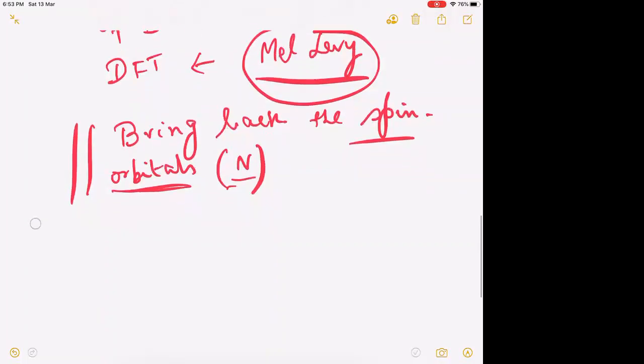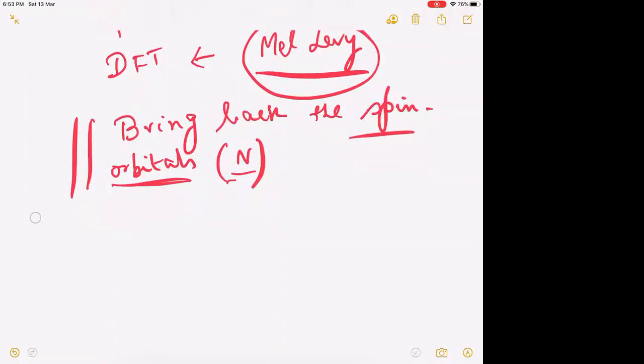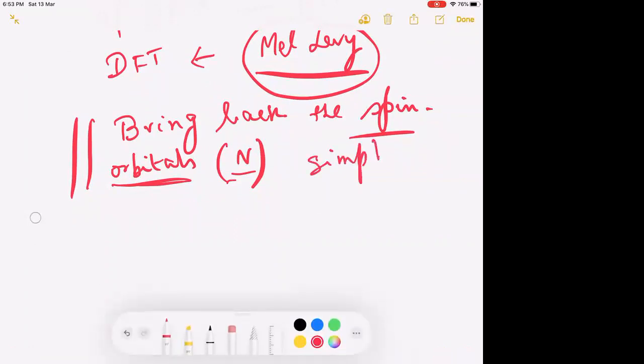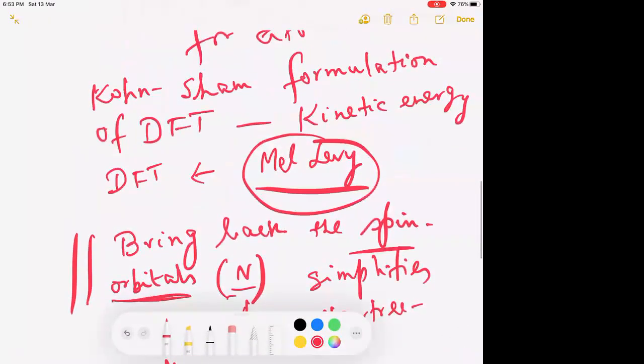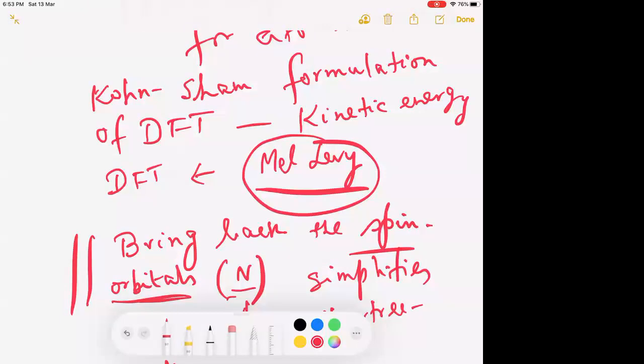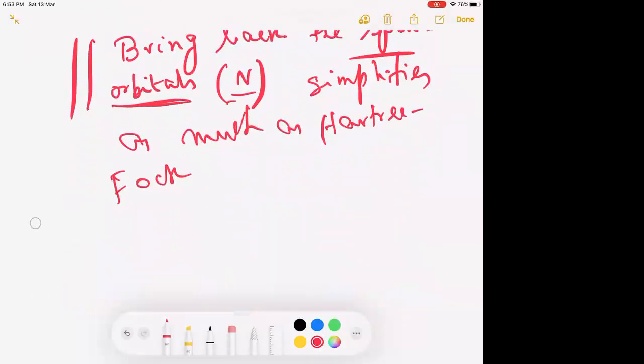In that sense, it is still a simplification, and it simplifies as much as Hartree-Fock. So the Kohn-Sham formulation is not as simple as what Hohenberg and Kohn originally envisaged, but it is still much simpler than the ab initio methods. That's the whole idea. It is almost as simple as Hartree-Fock.